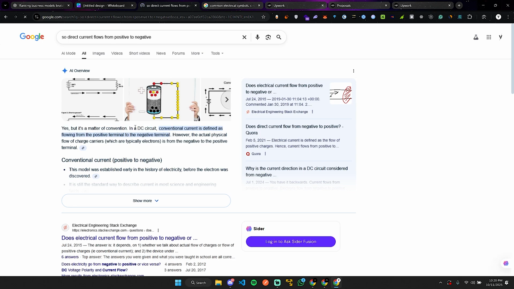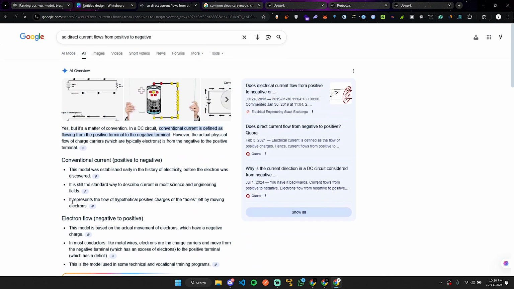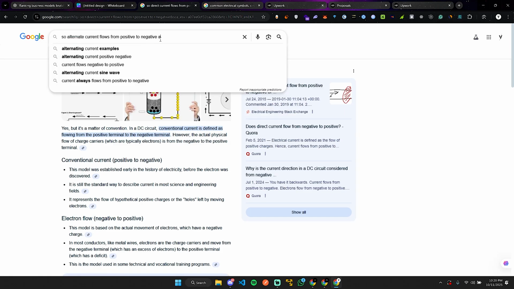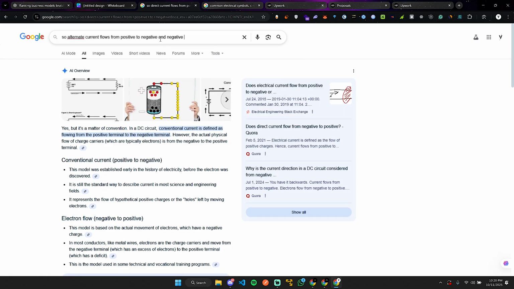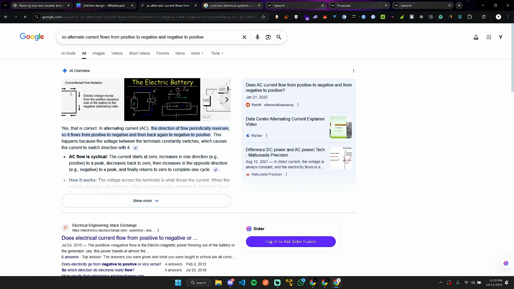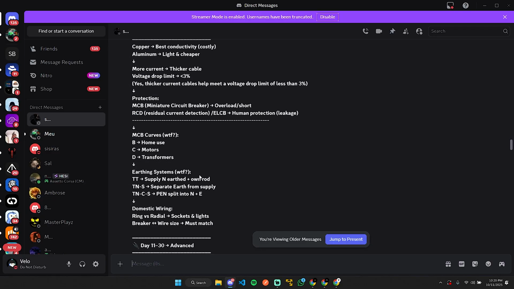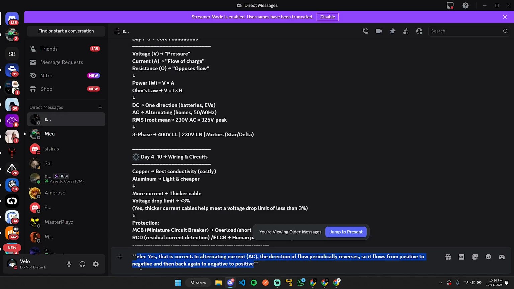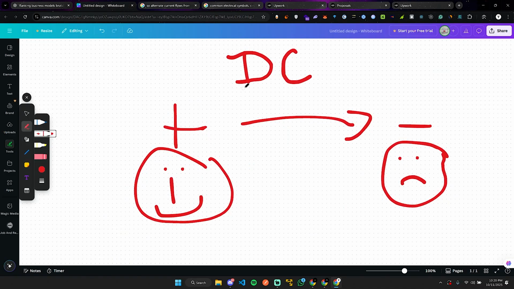Yes. Okay, but alternating current flows from positive to negative to positive. Is that it? Okay, so the direction of the flow periodically reverses, so it flows from positive to negative, and then back. So alternating current is basically the opposite of this. Nice. All right, so I'm gonna draw AC over here.